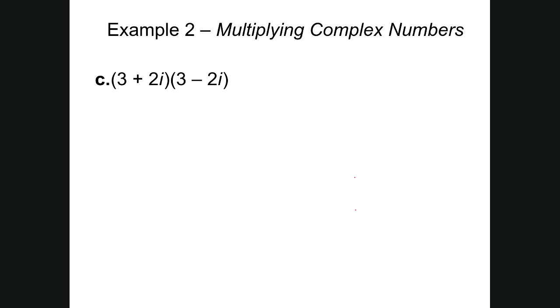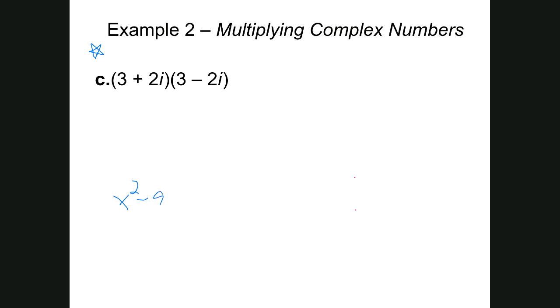All right. Multiply the complex number. Oh, this one's really important because the i's are going to go away. If you multiply, these are called conjugates. 3 plus 2i, 3 minus 2i. Whenever you have the same thing inside, and it really makes sense when you think about, if you go back to, this is a difference of two squares, right?